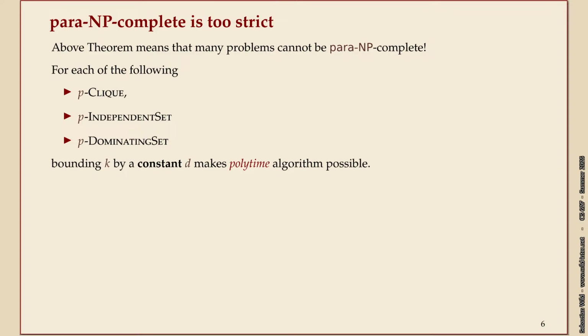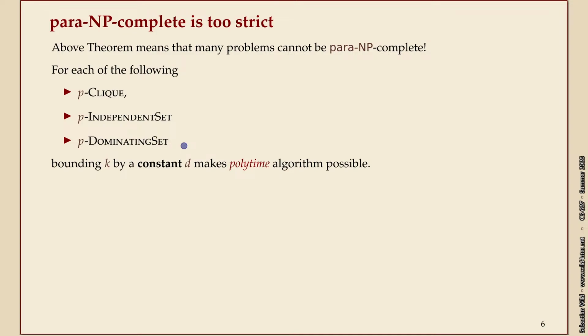In particular, all of these cannot be para-NP complete because if you bound the parameter by a constant, the resulting running time is polynomial. Remember, for each of these problems, a trivial solution is to go through all subsets of size k. That's an n to the k algorithm. It's not polynomial, it's not FPT, but if k is a constant, then it's polynomial.